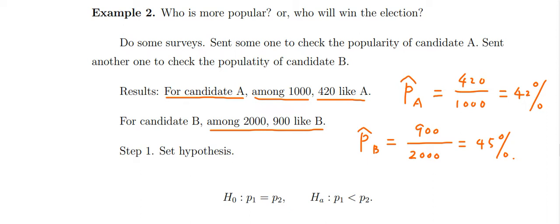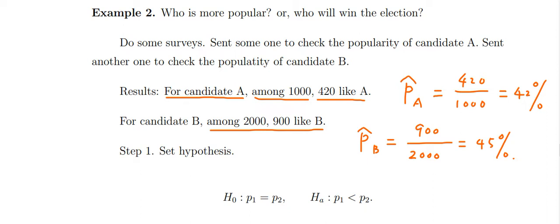So we have evidence that B is more popular. But the question is, is this evidence strong enough? From the sample, we can say he is more popular, but for the population, can we say he is more popular?